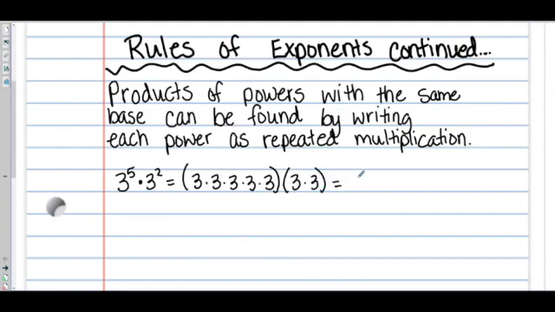Okay, so here we end up with 3 to the 5th power, and we're combining it with the exponent of 2. So we're actually adding the exponents, and you get 3 to the 7th power. And if you go back and count this, 1, 2, 3, 4, 5, 6, 7, it matches, okay?